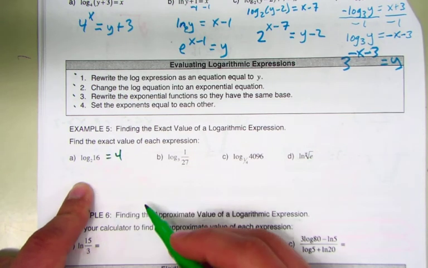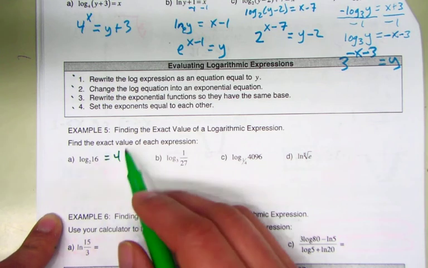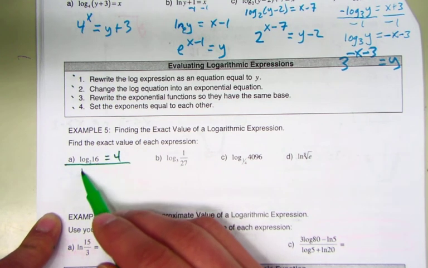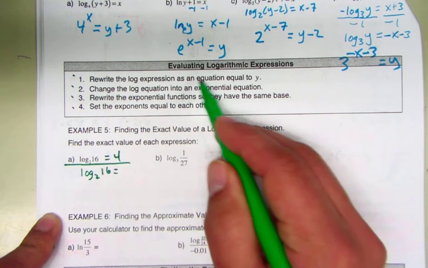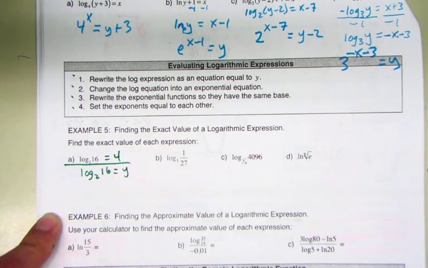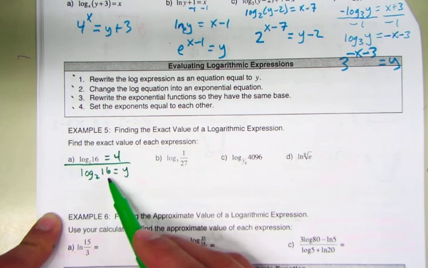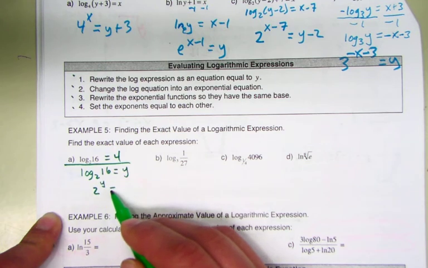Now, if that's too much to do in your head, here's how you would do it. I'll just follow these steps. Write it as an equation equal to y, or x, but we'll use y. Now we change this equation to exponential form. So it's 2 to the y equals 16.